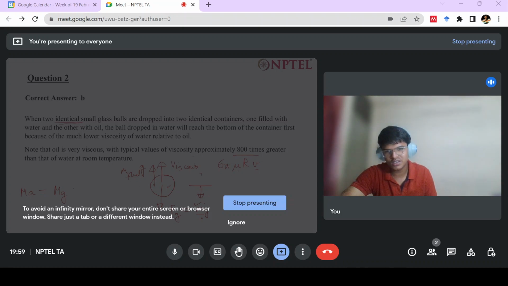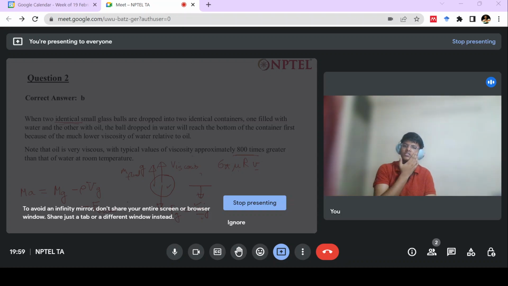But since there are fluids as well, there will be two more terms here. Let's say the volume of this ball is V. The buoyancy term will be rho into V into g, where rho is the density of the fluid, minus this viscous term, F viscous, which can be calculated.